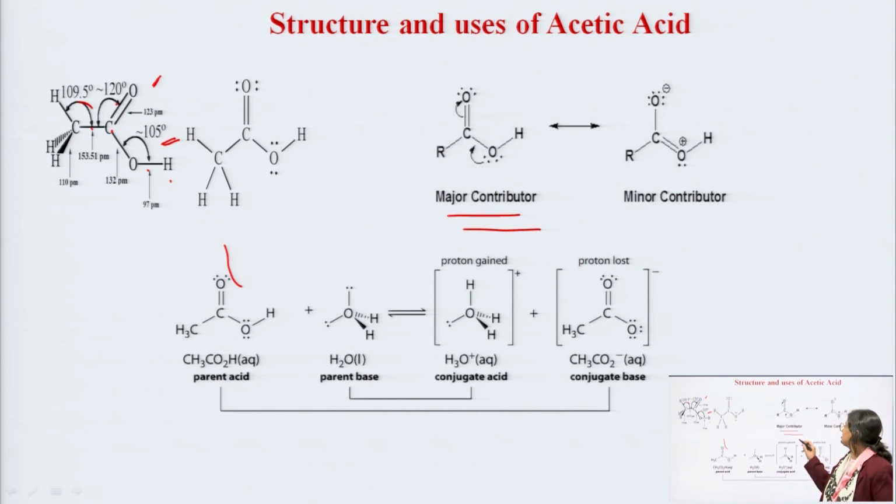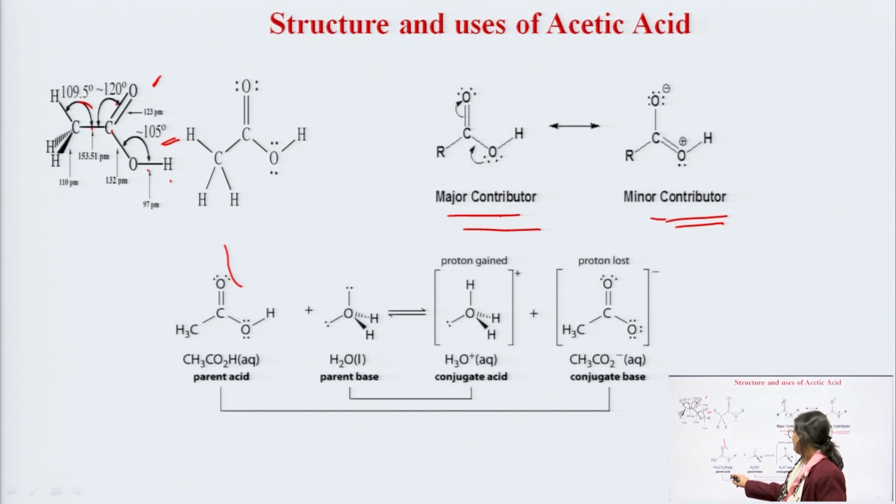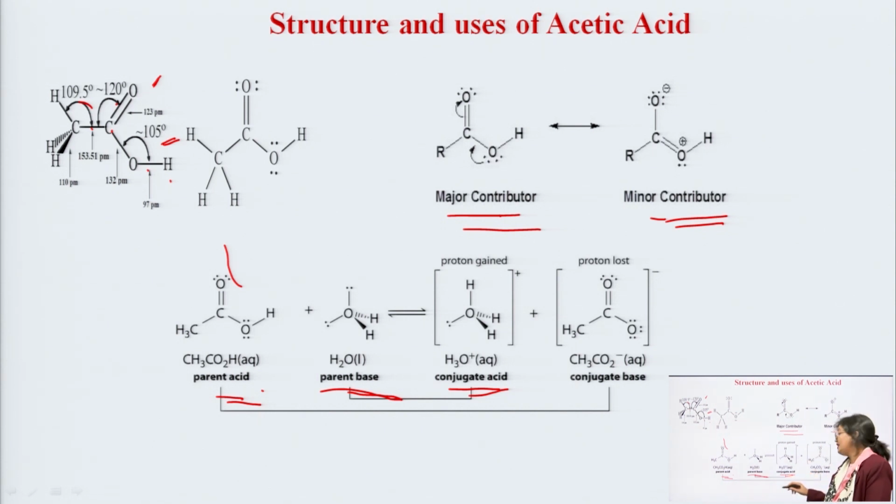These are the major contributors for the reaction of acetic acid. These are the minor contributors. Here we can see the parent acid, acetic acid, and the parent base, the water molecule. When acetic acid is placed in an aqueous solution, the conjugate acid H3O+ is formed and the conjugate base CH3COO- is produced.